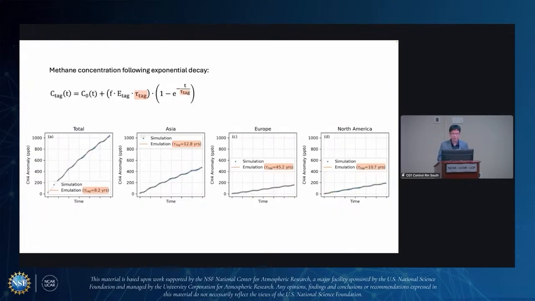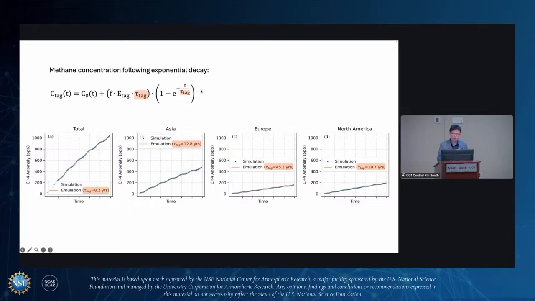So why is Europe showing greater efficacy? We suggest it is probably because the methane lifetimes are different among different regions. So this equation shows the methane concentration following exponential decay, and the lifetime is here in orange.